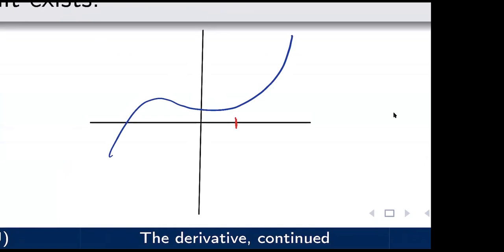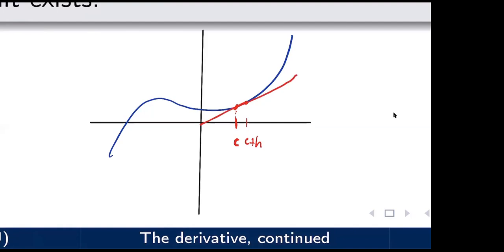Well, if I wanted to find the slope at the point c, before I said, well, we'll go over a little bit of distance, and I'll call that little bit of distance h, right? So this, before, we would call c plus h, and I would calculate the slope of the secant line through there, right?